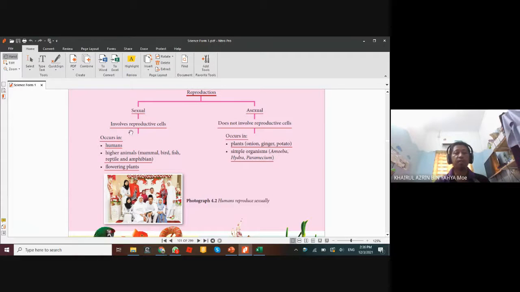Sexual involves reproductive cells, and occurs in humans, us, and then higher animals like mammal, bird, fish, reptile, and amphibian, and then flowering plants. For asexual, it does not involve reproductive cells. It occurs in plants like onion, ginger, potato, and plants not on the flower part, and then simple organisms like amoeba, hydra, and paramecium.